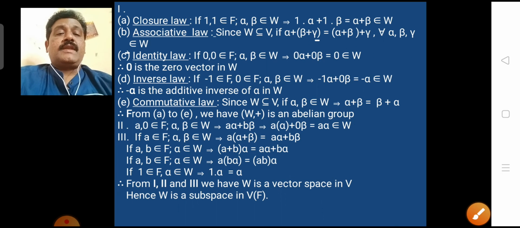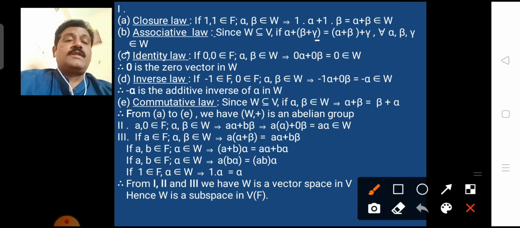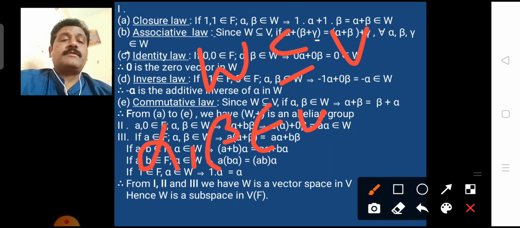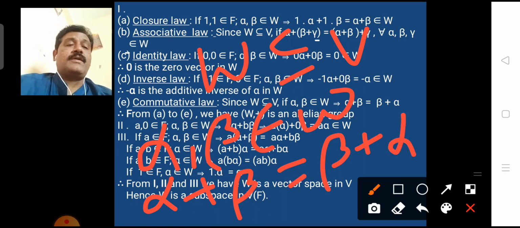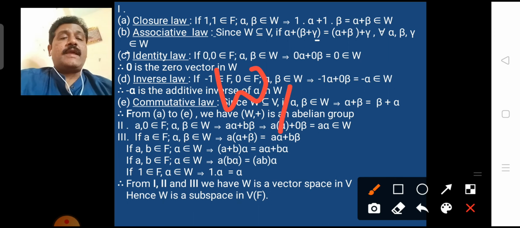Next, commutative law. Since W is a subset of V, if alpha, beta belong to W, then alpha plus beta equals beta plus alpha. This is the commutative property. Then we say W is commutative with respect to vector addition. From these 5 properties, we conclude that W plus is an abelian group.